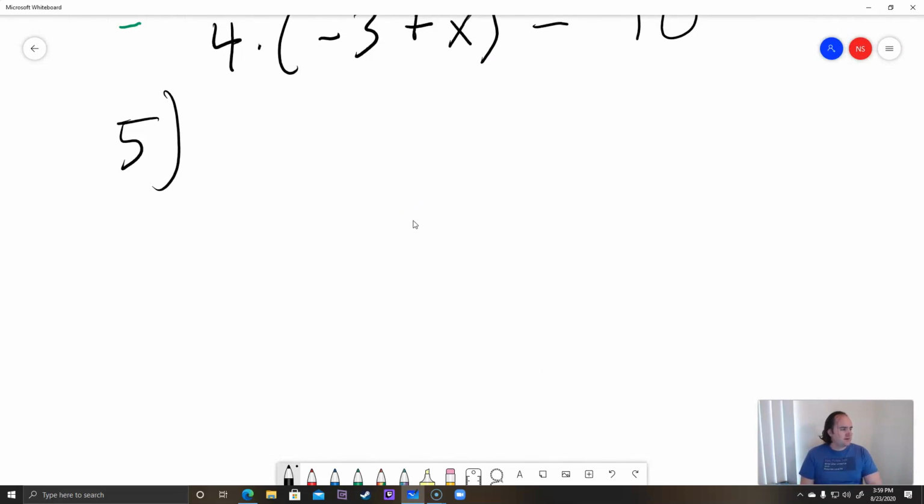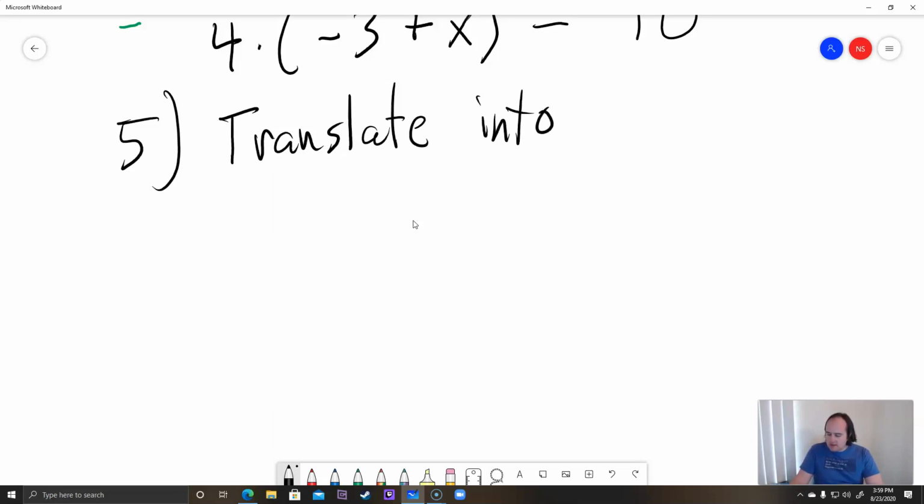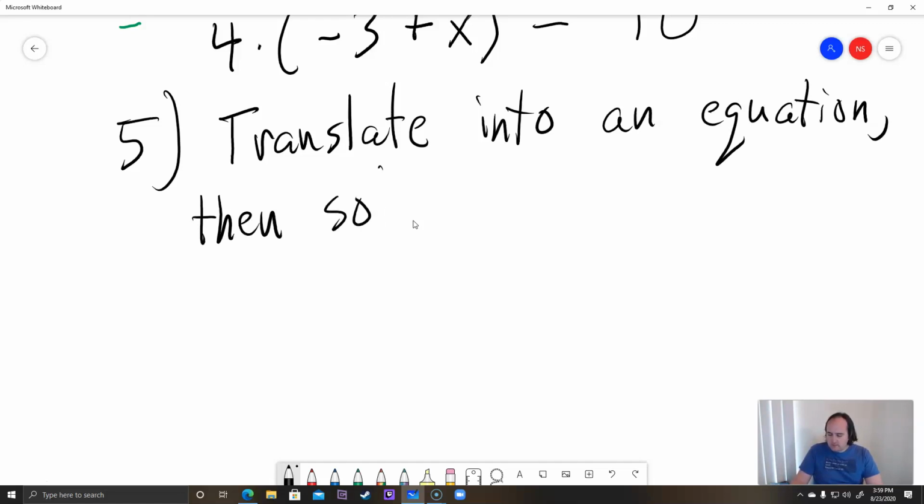This one actually has new instructions. So translate into an equation, then solve the equation.